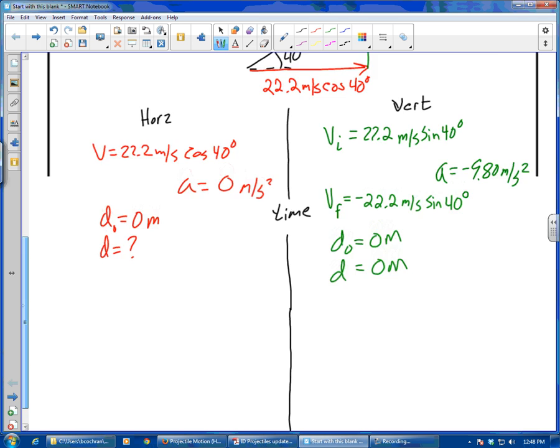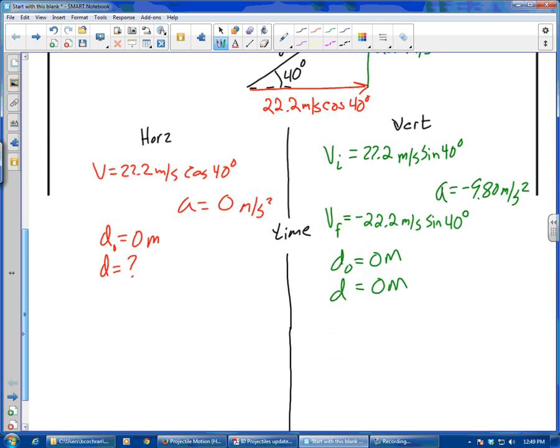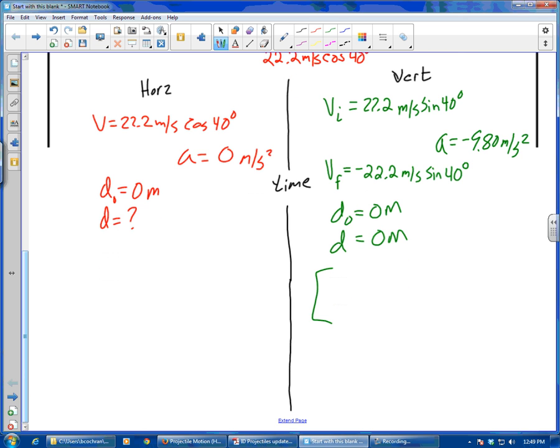The horizontal starts here on the left and lands way over here on the right, and they don't tell us how far. And even if we didn't realize this symmetry idea, that whatever velocity I go up at, if I'm coming down at the same level, I land at the opposite velocity, we could always use V final squared equals V initial squared plus 2A delta D. Our delta D is 0.